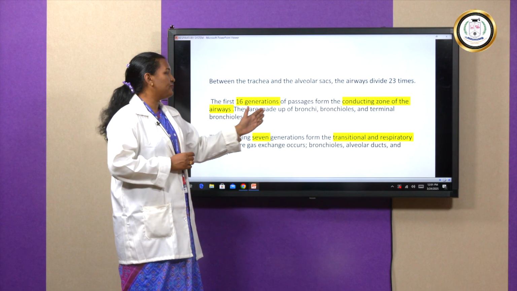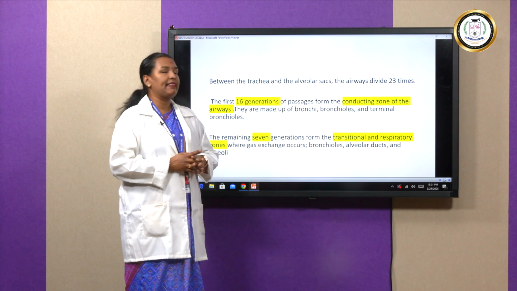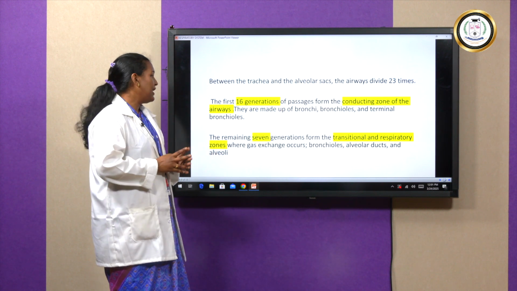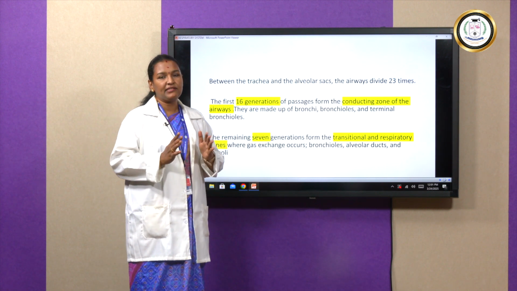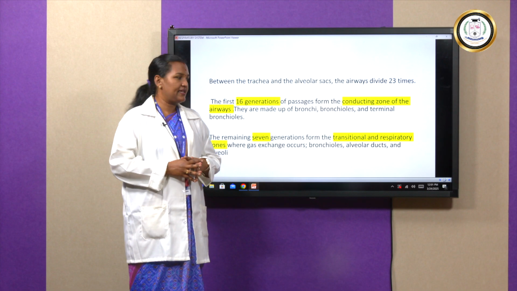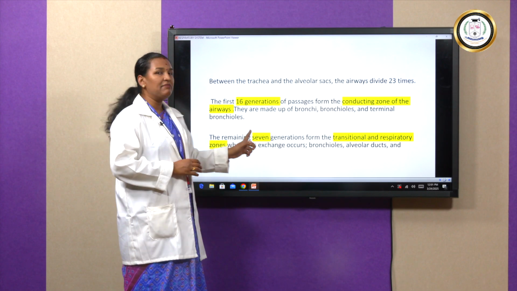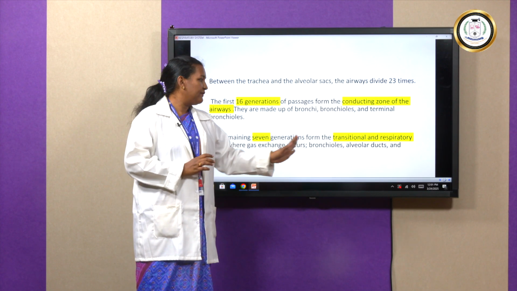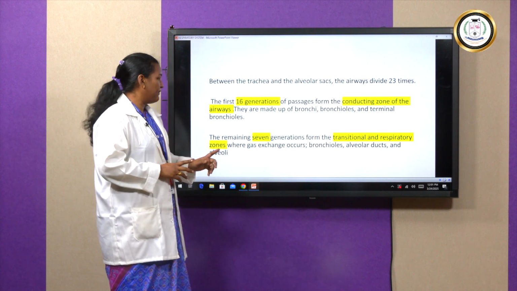They are made up of the bronchi, bronchioles and the terminal bronchioles. The remaining 7 generations form the respiratory zone. They are the sites of gaseous exchange, primarily composed of your alveolar ducts and the alveoli.